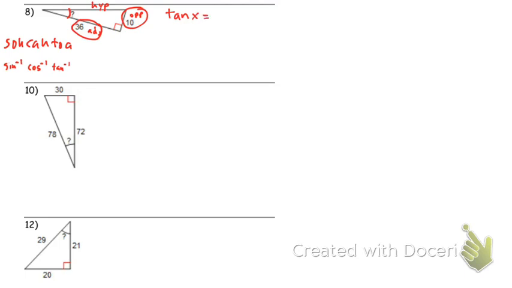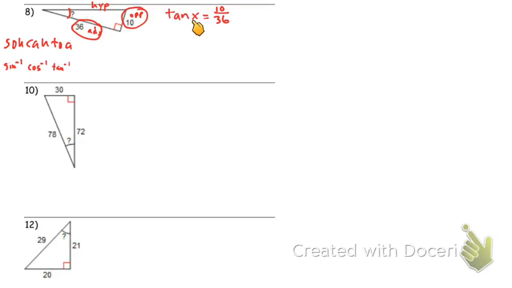We're going to use tangent of our missing angle, which we will call x, and this is going to equal opposite, which is 10, over adjacent, which is 36. Now we want to solve for our missing angle. The first thing I want to do is get rid of tangent because I want to get x by itself.